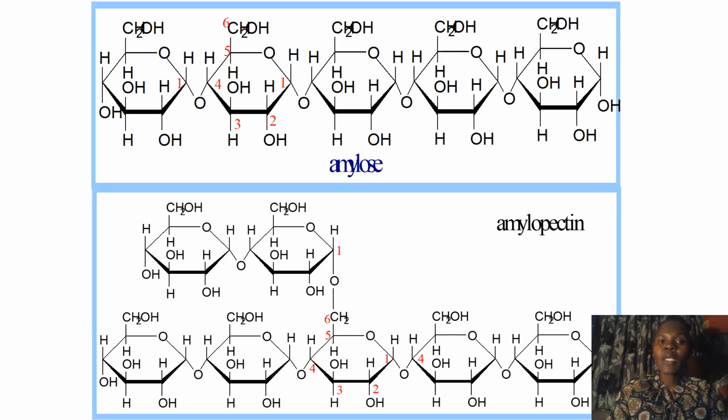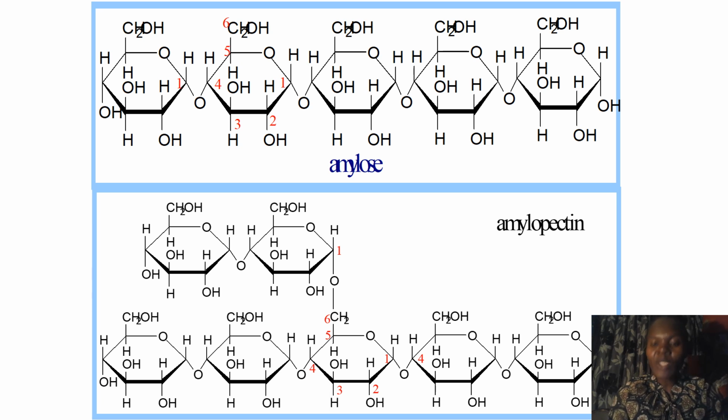Look at the structure of amylose, being that our alpha D glucose is alpha, it means the OH at carbon atom number 1 was below, so it was easier to extend it downwards, and then it attaches itself to the 4th carbon atom of the second glucose residue, 1st carbon atom of the 2nd, 4th carbon atom of the 3rd.